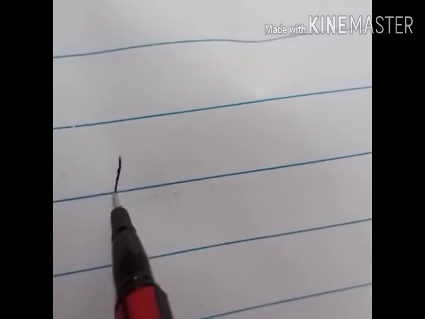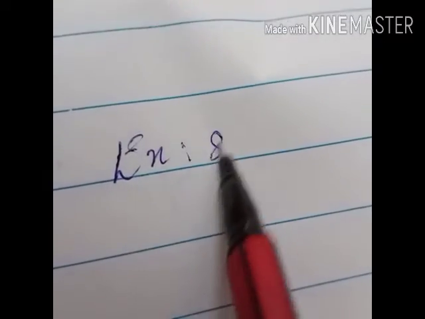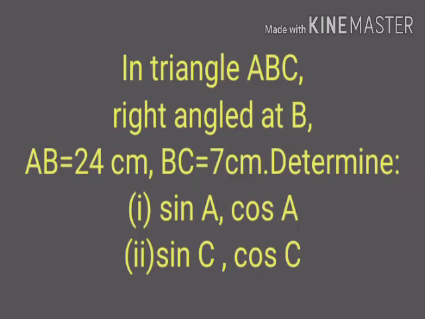Now we can discuss exercise 8.1. First question. In right triangle ABC, right angled at B, AB equals 24 cm, BC equals 7 cm. Then determine, two sub-questions are there.